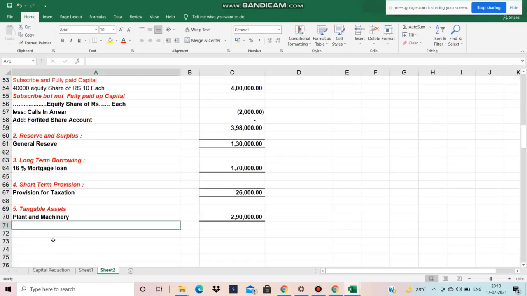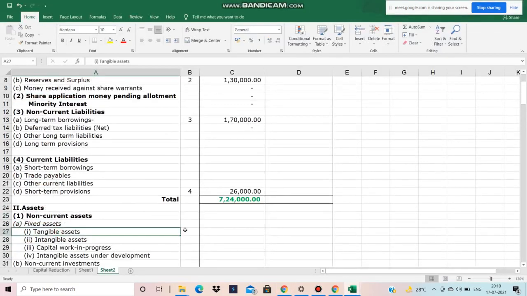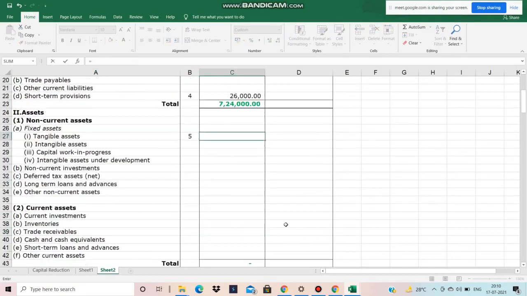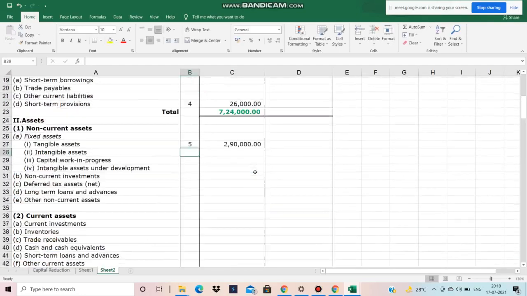But nothing else. Under the tangible assets, only one thing is there, that is 2,90,000 plant and machinery. So in tangible assets, the note number 5, it's 2,90,000.